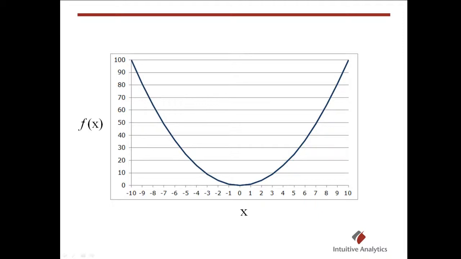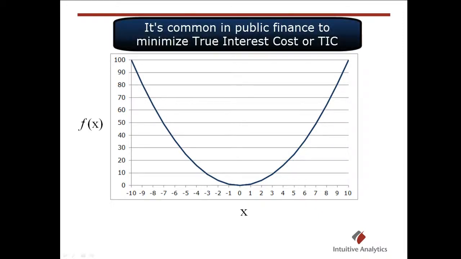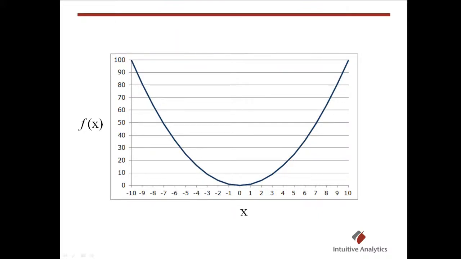So in public finance circles, often it is desirable to minimize something like a cost of capital or a true interest cost, or maybe an all-in true interest cost. That is effectively a yield calculation that allows you to get back to a target par amount of bonds with some adjustment based upon present valuing debt service payments on the bonds.